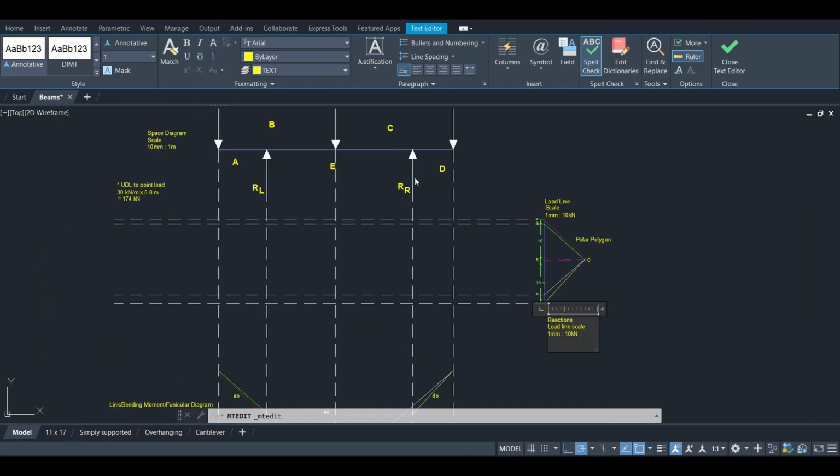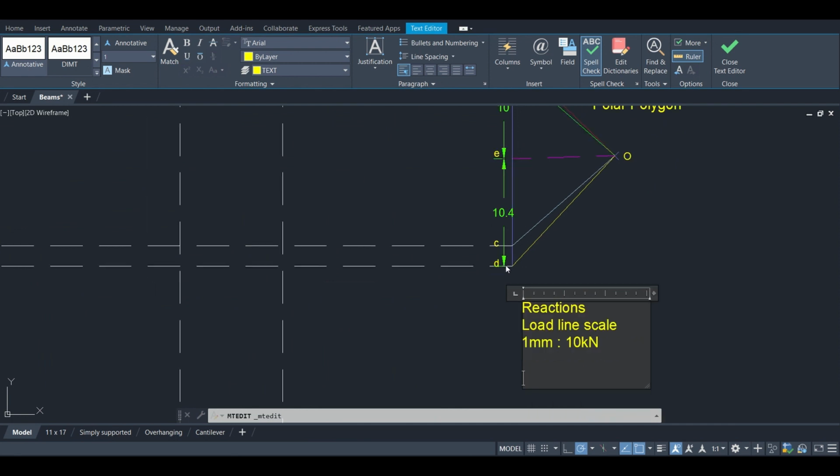So our right reaction by Bow's notation would be called dE. So this is the value that represents dE, that's 10.4 millimeters, which is now going to be equal to that value times 10, 104 kilonewtons when we convert it to scale. So again, 1 millimeter representing 10 kilonewtons.